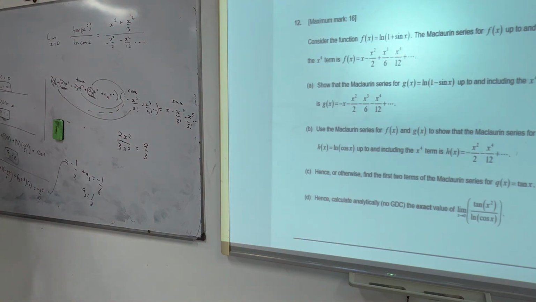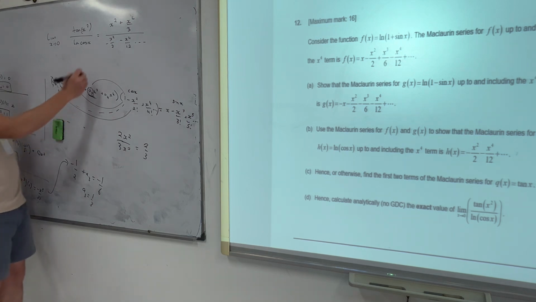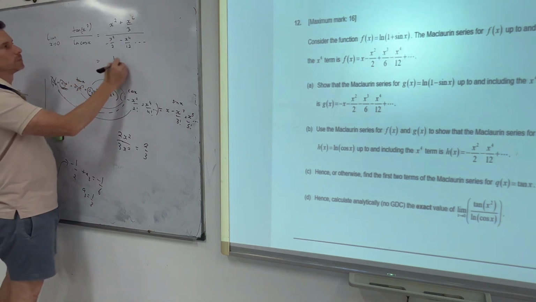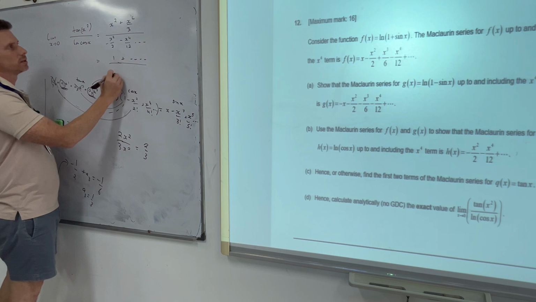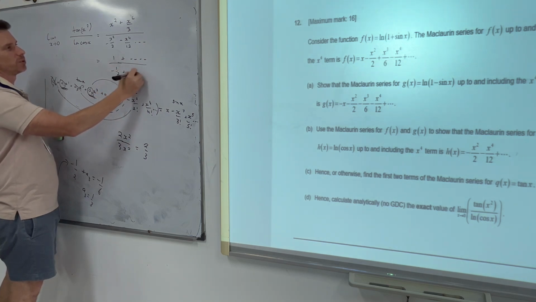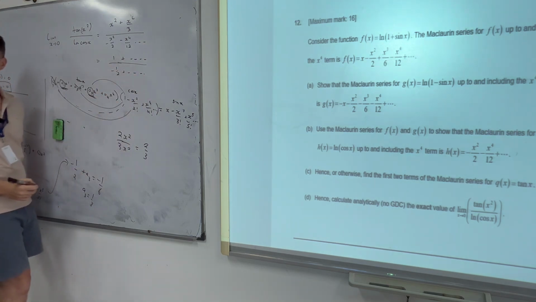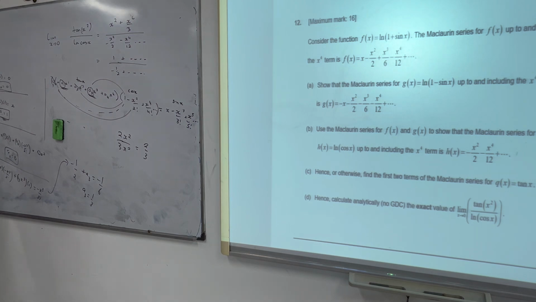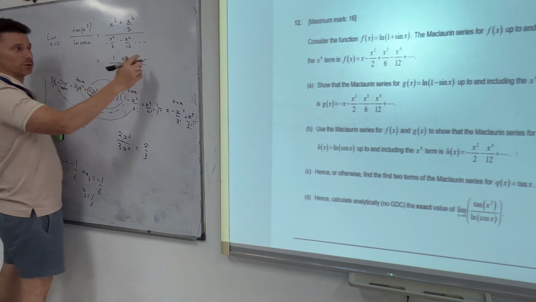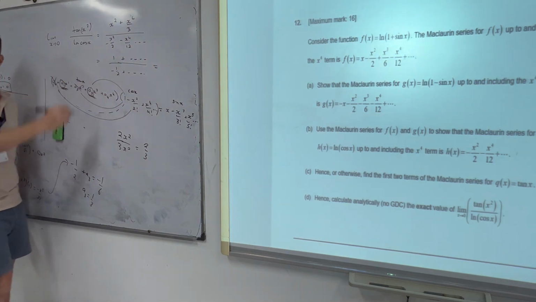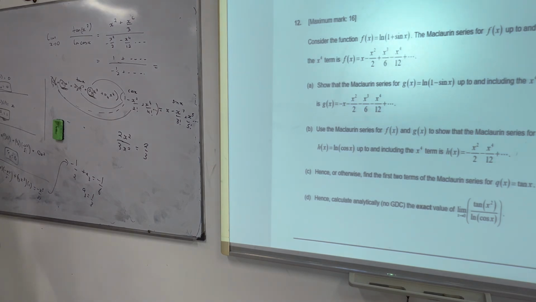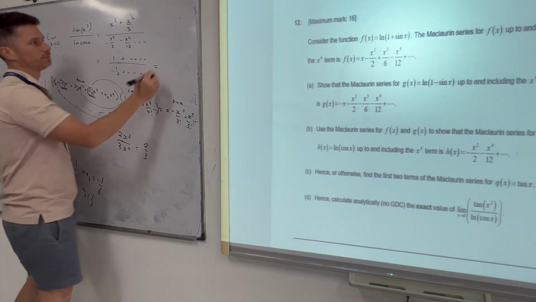So if I took out a common factor of x squared out of both of them, I get 1 over a half and a bunch of x's, over a negative a half and a bunch of x's. And now sub in my 0. These bunch of x's go to 0, but we do have 1 over a half, over negative a half, which is negative 2. That's it.